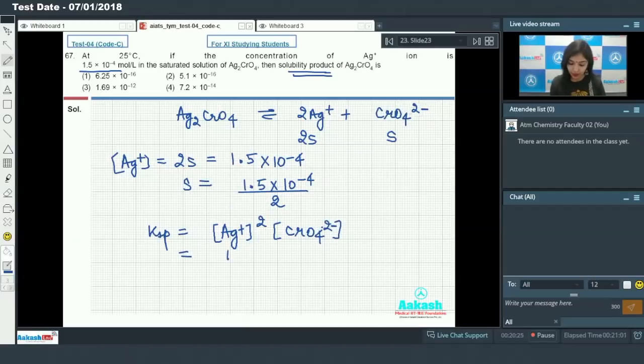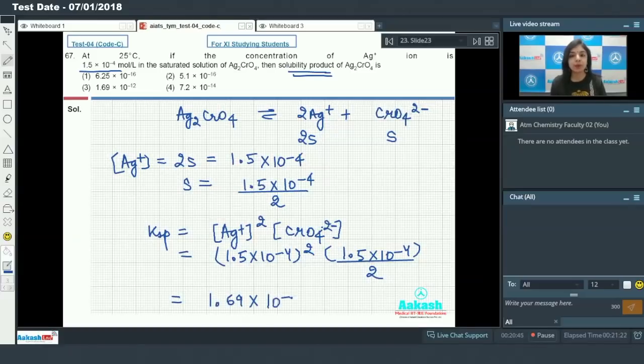The concentration of Ag plus we know is 1.5 into 10 raised to the power minus 4, and for CrO4 2 negative it is 1.5 into 10 raised to the power minus 4 divided by 2. If you solve this, it will come out to be 1.69 into 10 raised to the power minus 12. So option number 3 will be the correct answer.